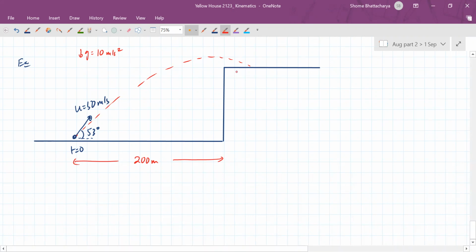And this height is 60 meters. If it is projected at time t equal to 0, you have to find the time at which the impact happens here, we have to find this distance d, and the impact speed.